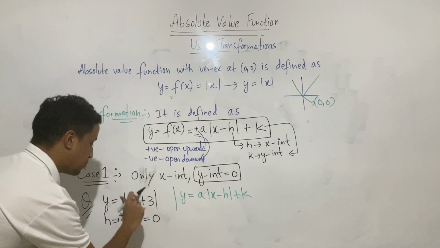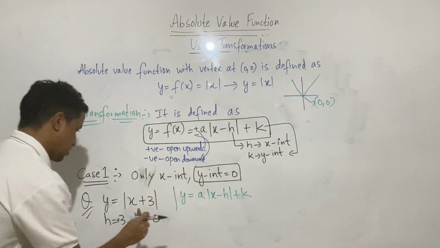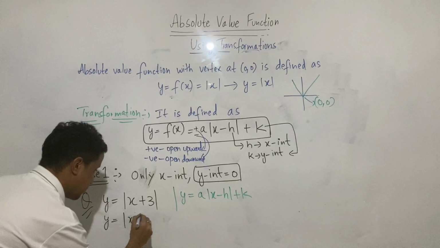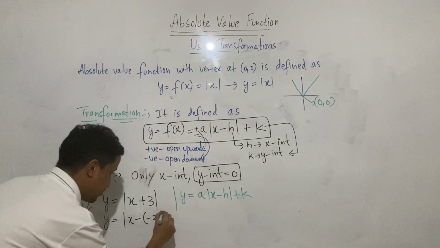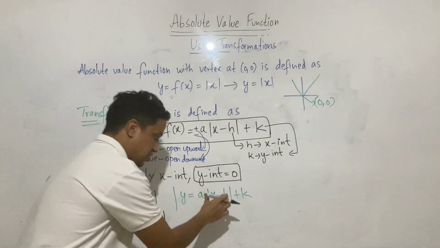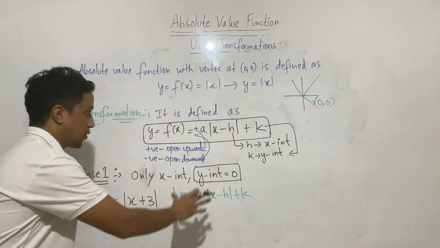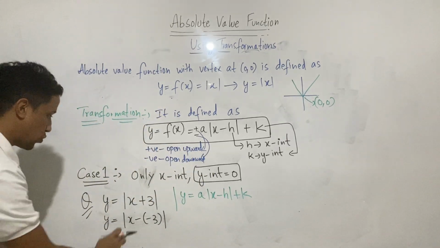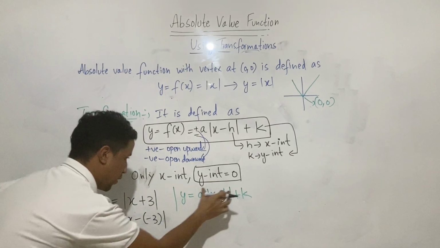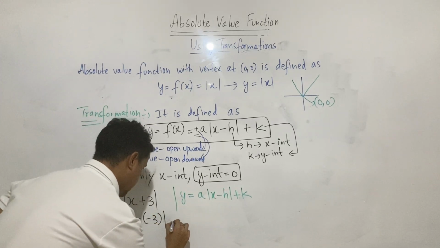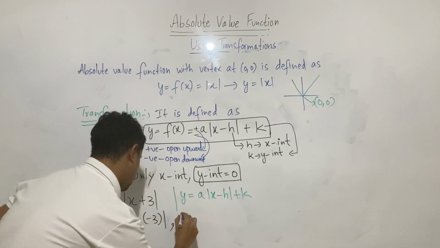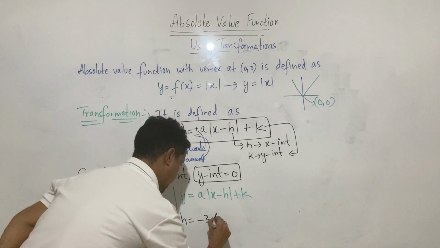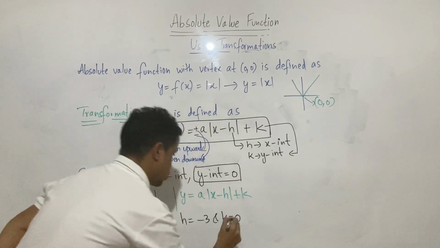Because x plus 3 can be written as x minus of negative 3, because my standard definition is in the form of x minus h. So if you compare, you can see your h is equal to minus 3 and k is equal to 0.